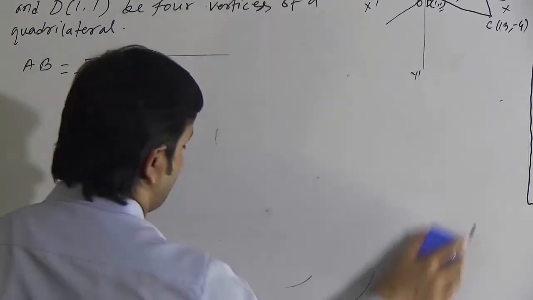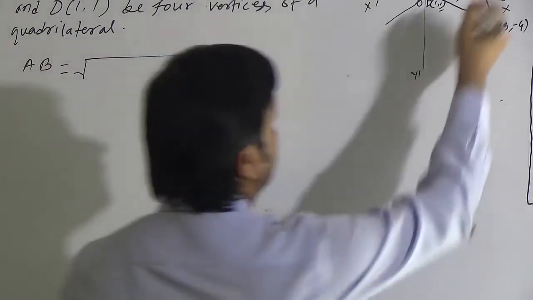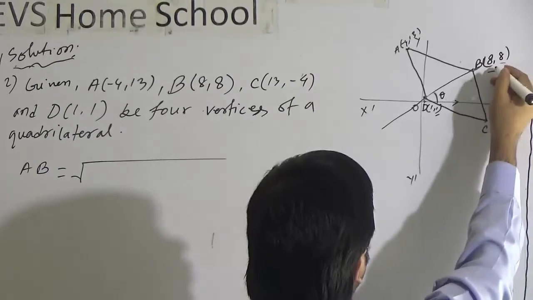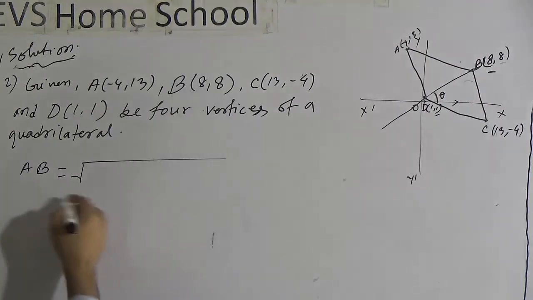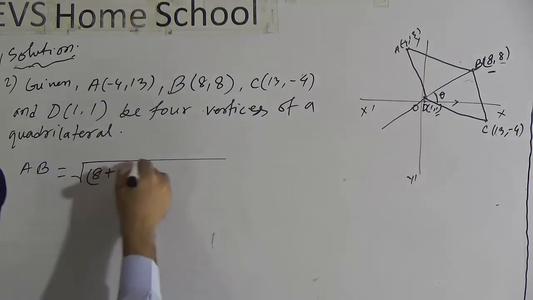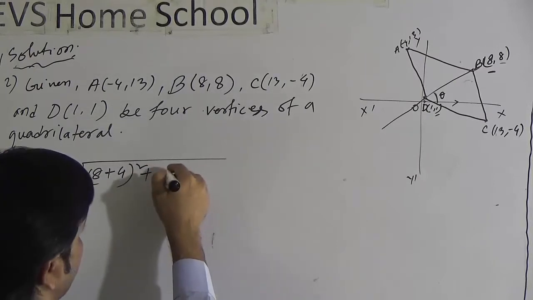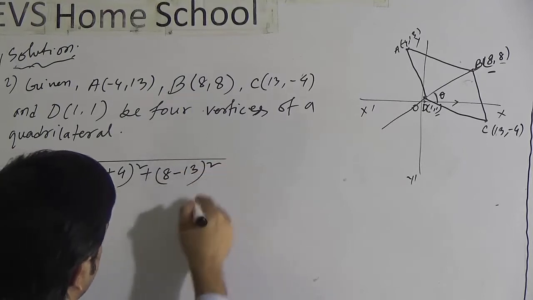Okay dear students, so we can apply x2 minus x1, x2 is 8 and x1 is minus 4. So 8 minus (minus 4) means plus 4, whole square, plus y2 is 8 minus 13, whole square.